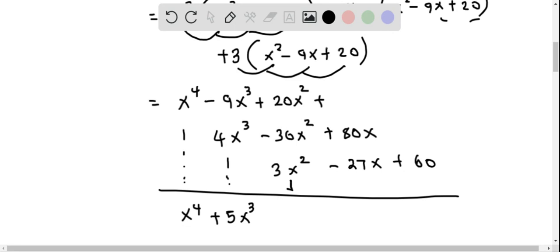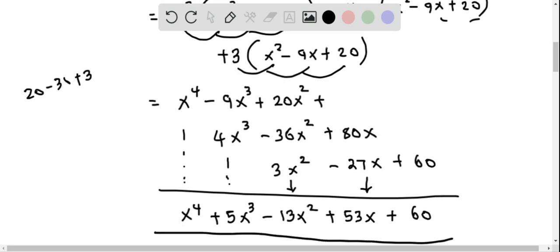And now in these x squared like terms, we have to add the coefficients, 20, negative 36 plus 3, and this equals negative 13x squared. So I write negative 13x squared. We then add the subtraction of 80x with the 27x, and this equals a positive 53x, plus the last number, that is 60. So therefore, this is the required polynomial given the four zeros of degree 4.